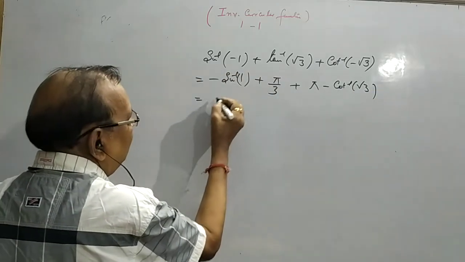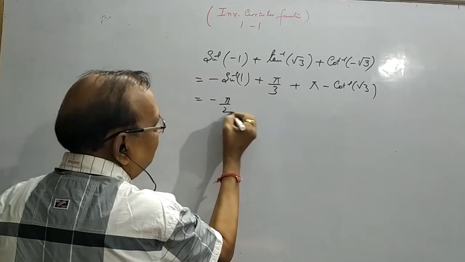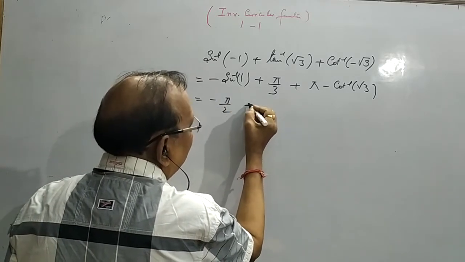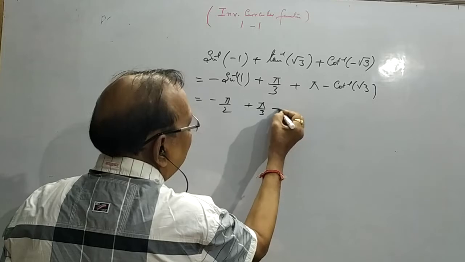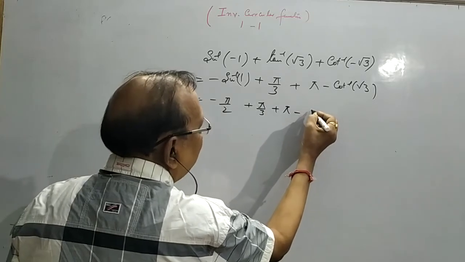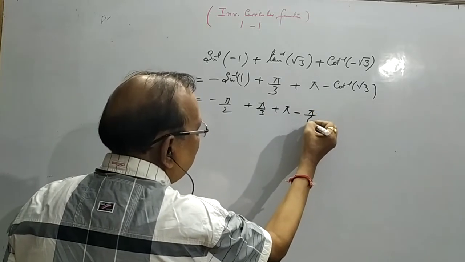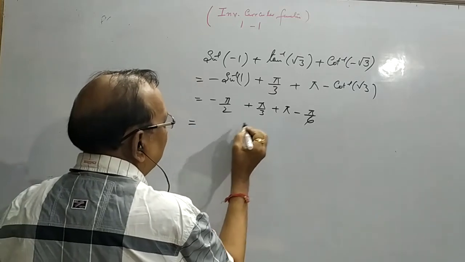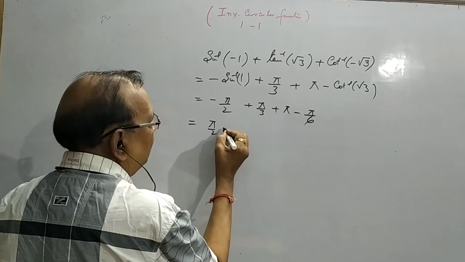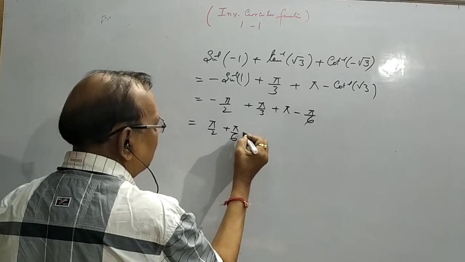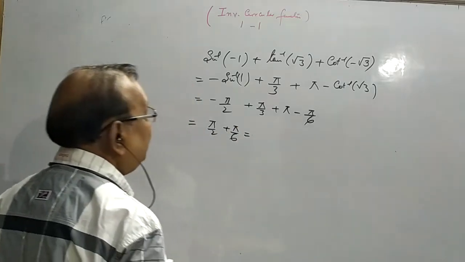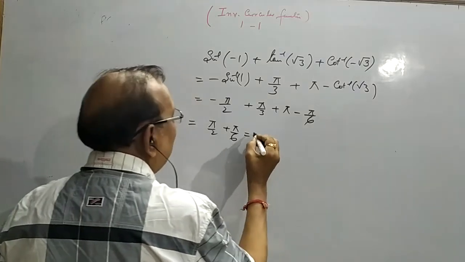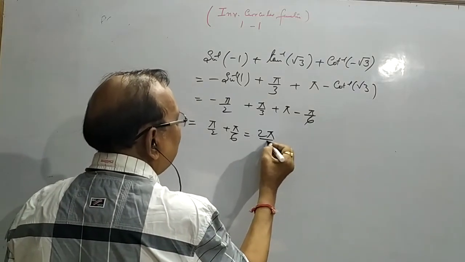That will be minus pi by 2 plus pi by 3 plus pi minus pi by 6, and that comes to be pi by 2 plus pi by 6. That is how much? 2 pi by 3 after simplification.